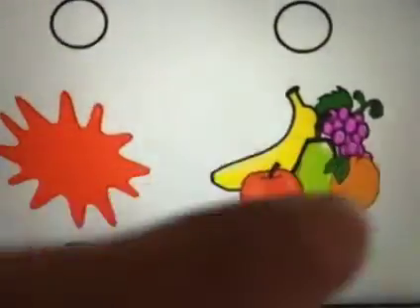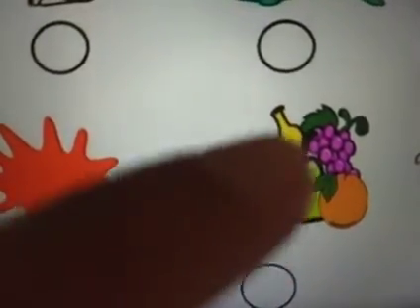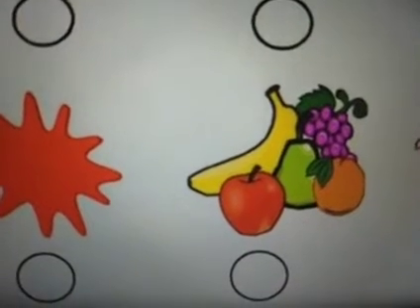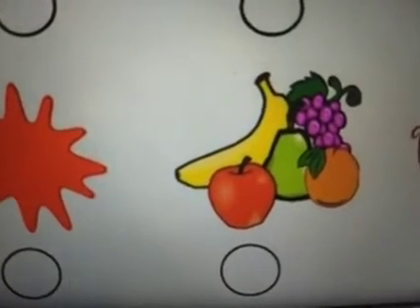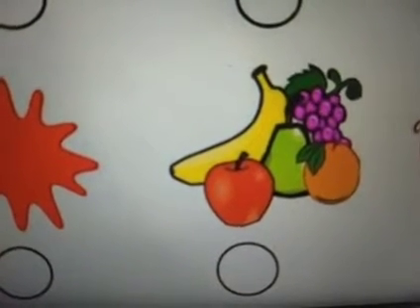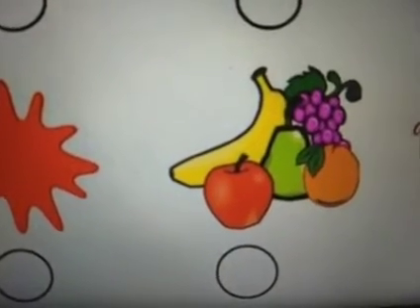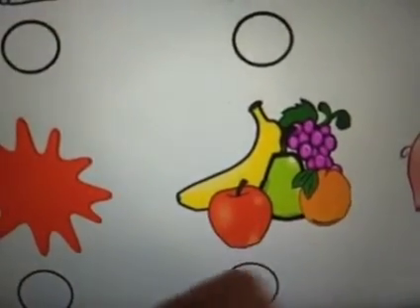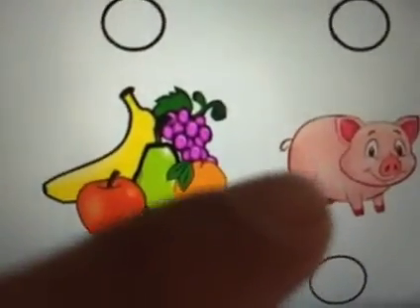Now next, what are these? These are apple, banana, pears, grapes, orange. Yes, so what are they called? They are called fruits. Yes, now the word fruits. Does it begin with the sound F? Yes, fruits. So you tick it. The next is a picture of a pig.